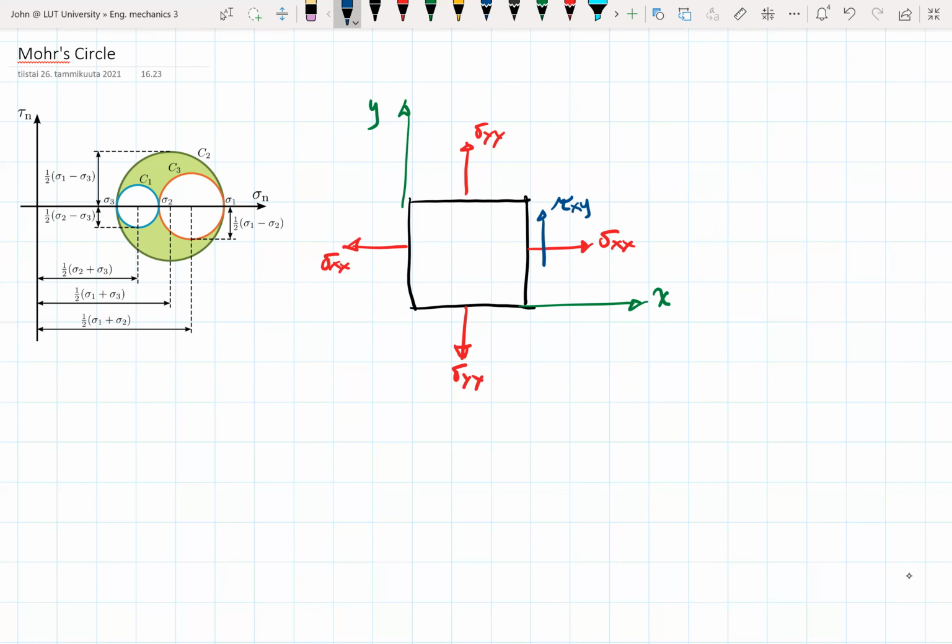Please remember the sign convention. We're going to have here tau yx, in here tau xy, and in here, sorry, this one is tau yx also, and this is tau xy.